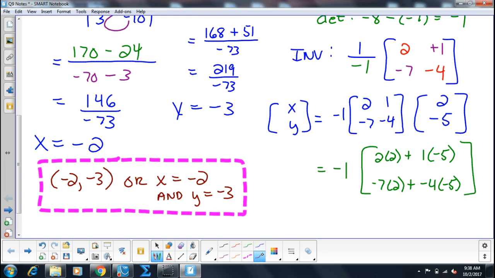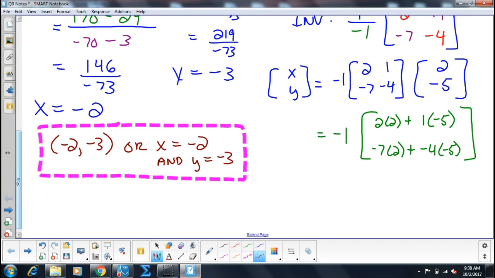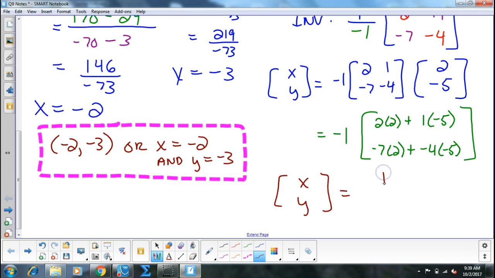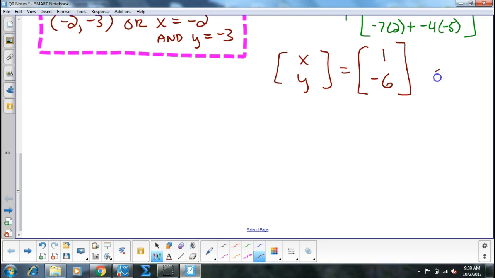So that tells me that my x is equal to 4 minus 5 is negative 1, but times that negative 1 on the outside is positive 1. Negative 14 plus 20 is 6, times negative 1 is negative 6.